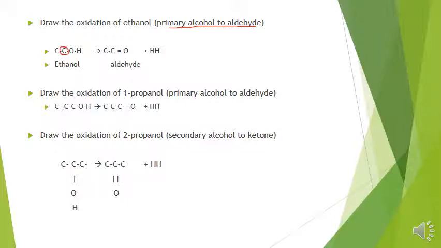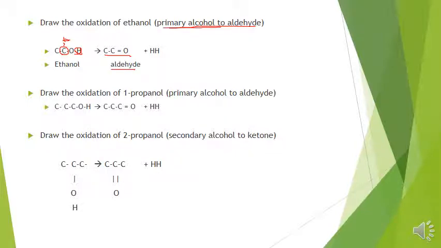Here's ethanol's chemical formula, structure. It only has one carbon attached to it. Two hydrogens come off. One of the hydrogens comes off of the carbon here. Another one comes off here, and so you end up with this. Okay, and this is a double bond at the end or the beginning, an aldehyde. So you change primaries to aldehyde.